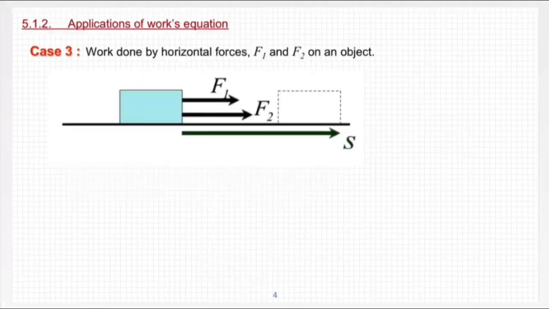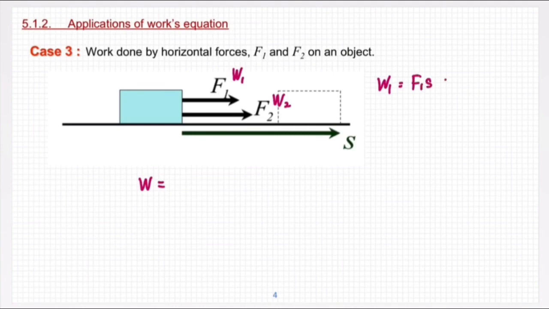For the third case, we have work done by two horizontal forces, F1 and F2, and we have displacement S. And in this case, we have two forces. So to find the work done, we have to find W1 and W2 first, in which W1 is the work done by force 1, and W2 is the work done by force 2. And then the total work done will be the sum of W1 and W2.